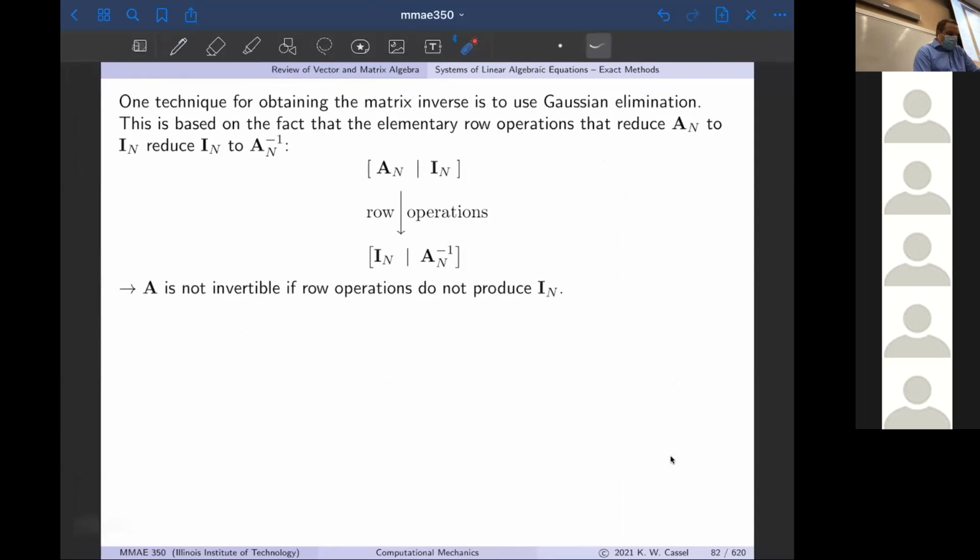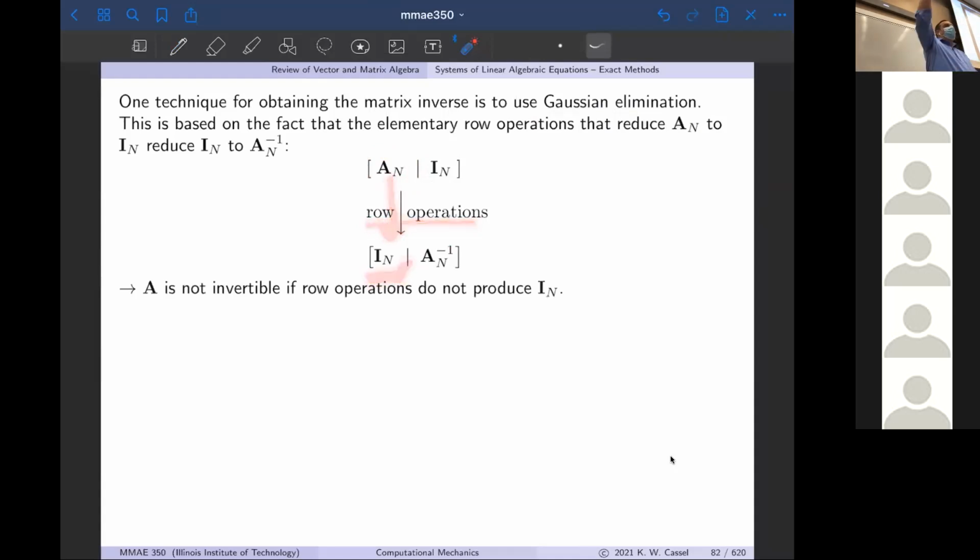Now, how do you get the inverse? One way to get the inverse is to use Gaussian elimination. And the reason why this works is the operations that take A and change it to I, change I to the inverse of A. So what you do is you take your n by n matrix A, you augment it with an identity matrix of the same size, n by n, and you look at the left-hand side and you do the row operations that convert that into I. Now, if you were to do that, that's called the reduced row echelon form.